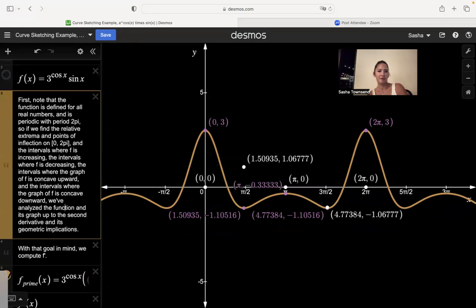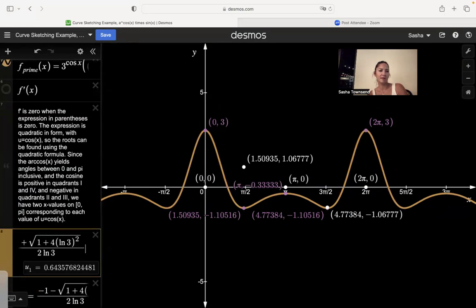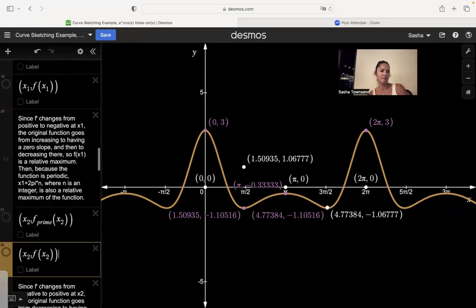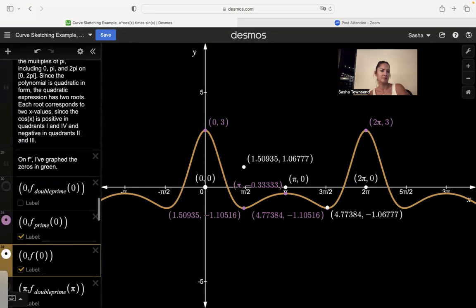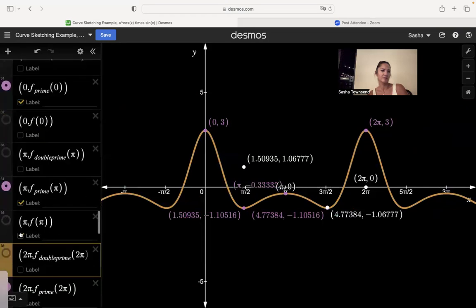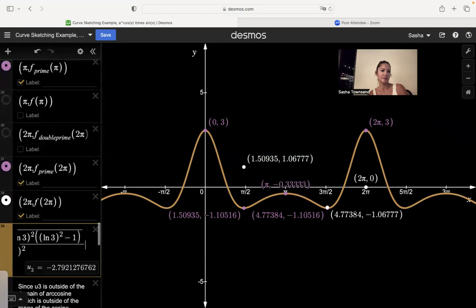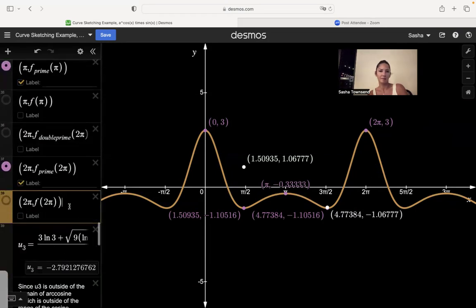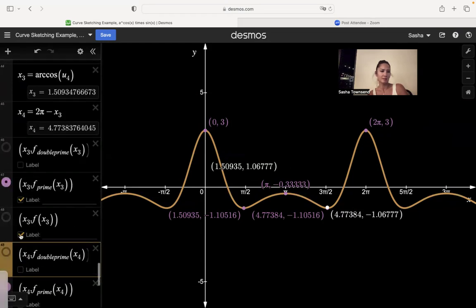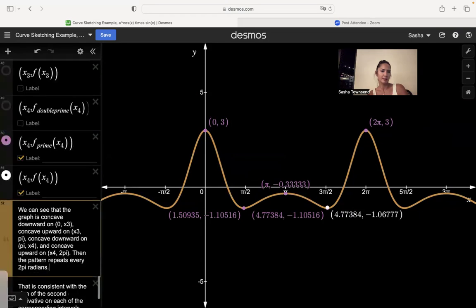If we just graph f prime and f double prime, we've got our relative extrema of our first derivative graphed there.